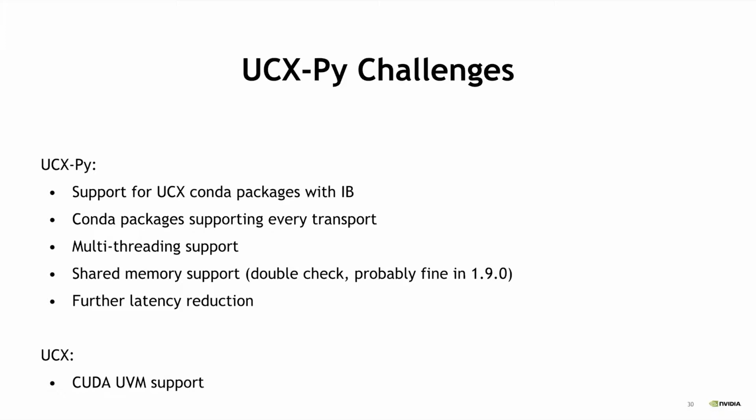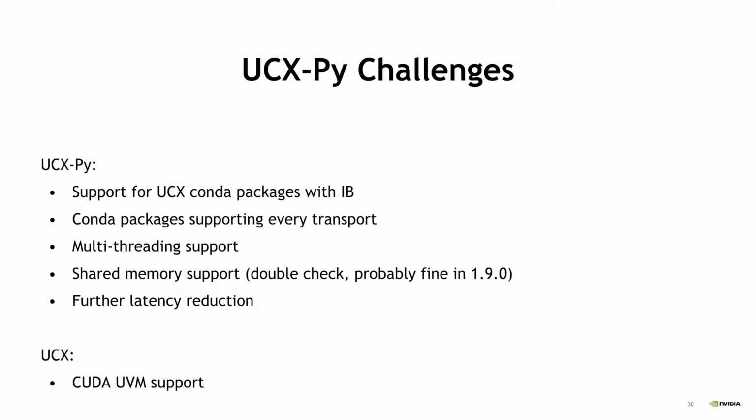So one of our goals is to add multi-threading support for UCX-Py as well. Shared memory support, I think I tested this in 1.9 and this was fine, but I have to double check. We are still only providing conda packages for UCX 1.8, which is something that we intend to change soon. We want to have UCX 1.9 built for conda packages as well in the next couple of weeks.